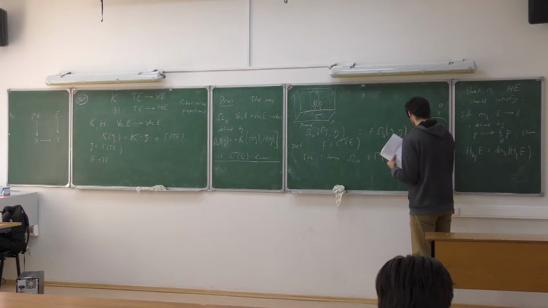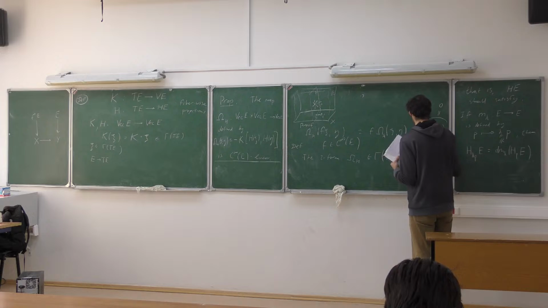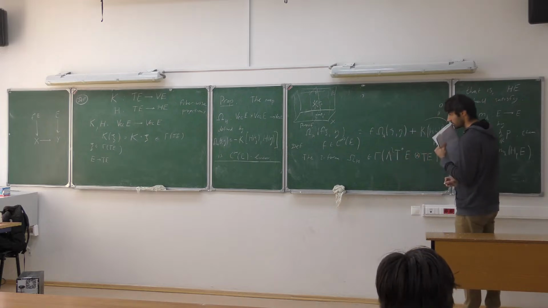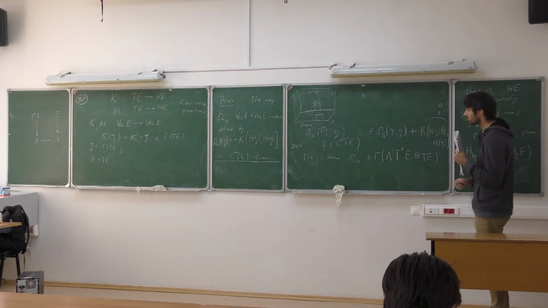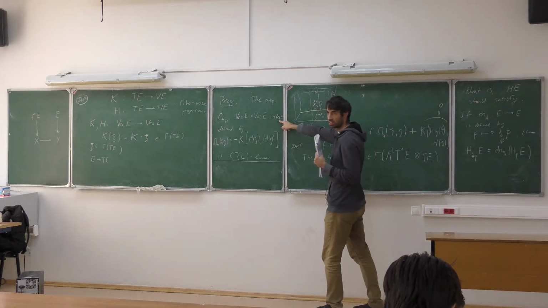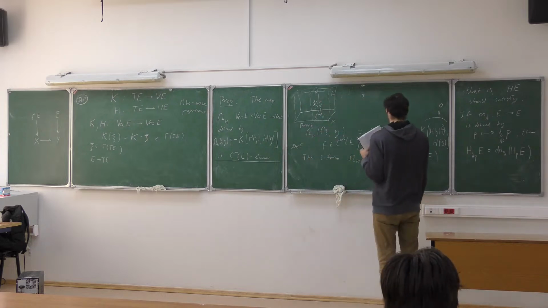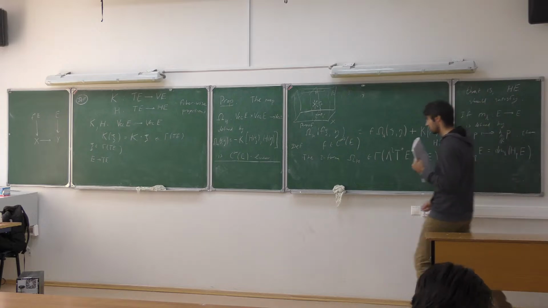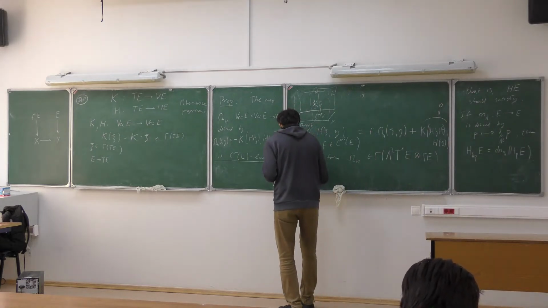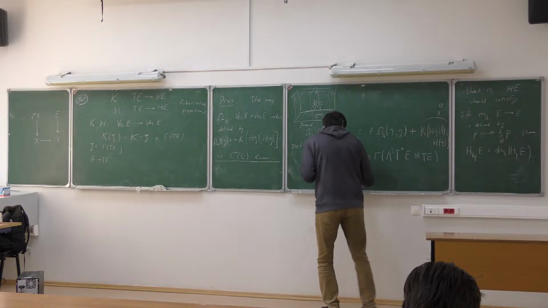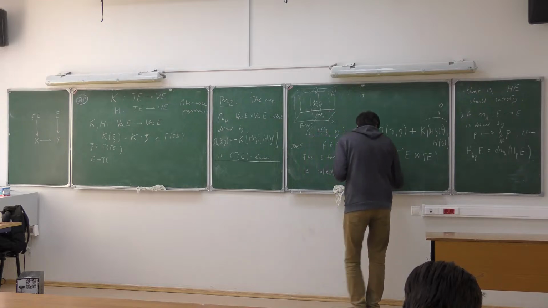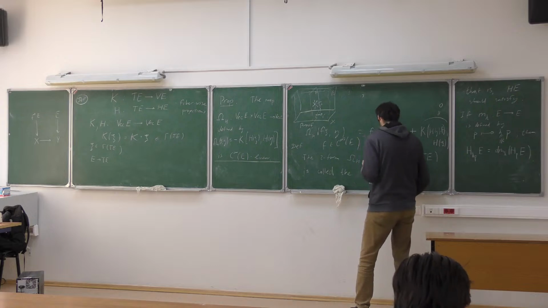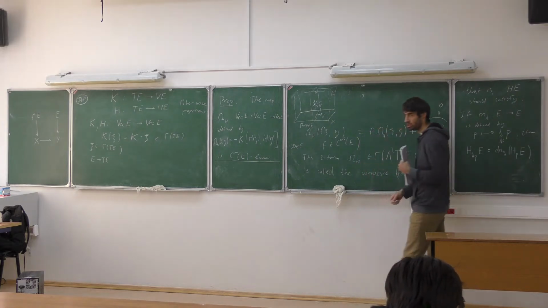A section of this, and it takes values in TE, right? Because it gives me another vector field here. So it's a two form because lambda 2 T star is here. It's called the curvature form. Sometimes we just say curvature, and this is it.